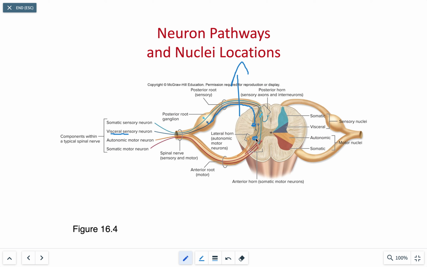Now as it descends, the action potential says contract the stomach, coming from the brain, and then it follows a separate pathway, the autonomic motor neuron, and eventually hits the stomach and causes contraction. So this is just a general overlay of how these tracts or pathways work and the divisions of each of the gray and the white matter.